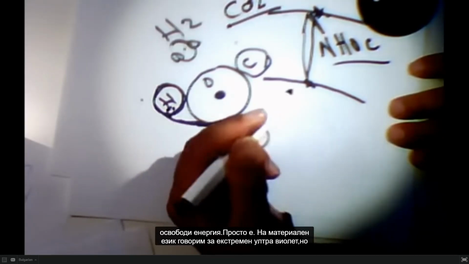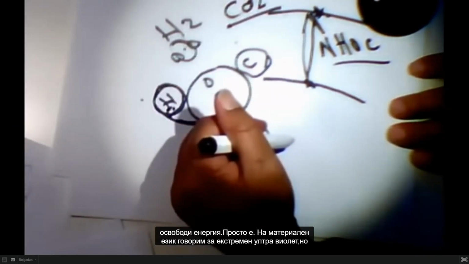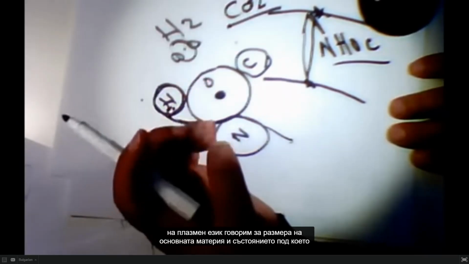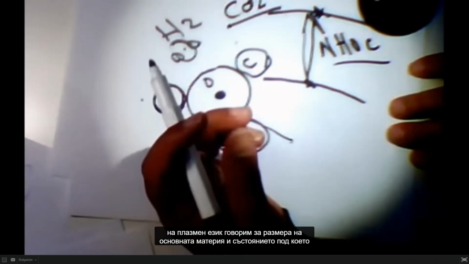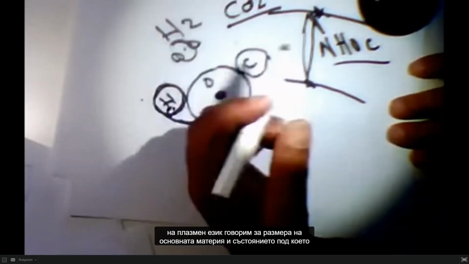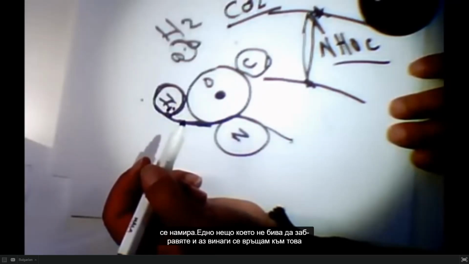It's very simple. In a matter language, we talk about extreme ultraviolet, but in plasma language, we speak about the size of the principal matter and the condition it is under.